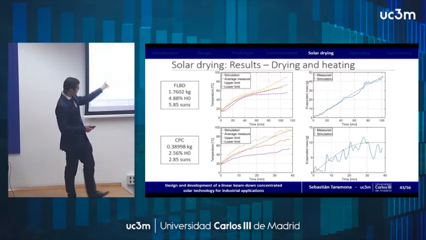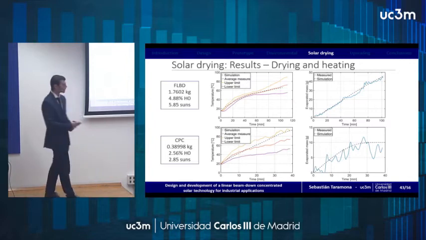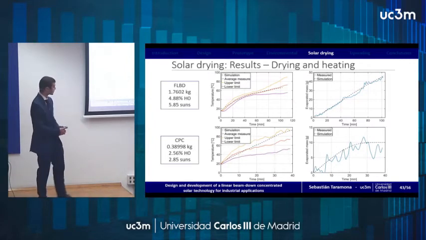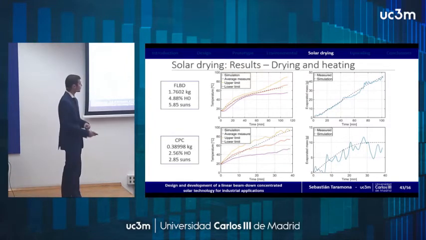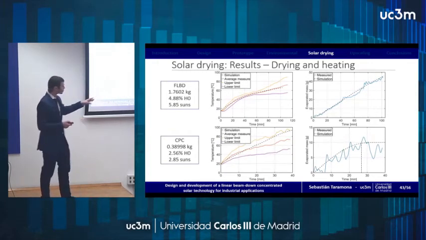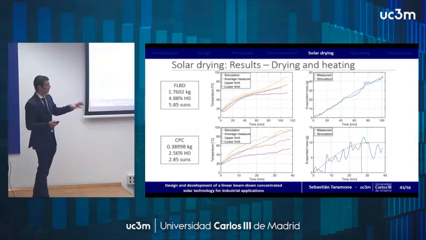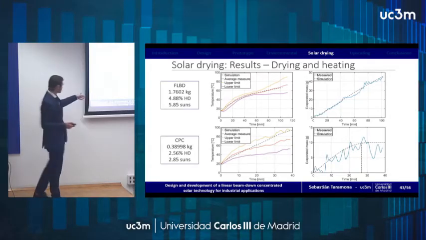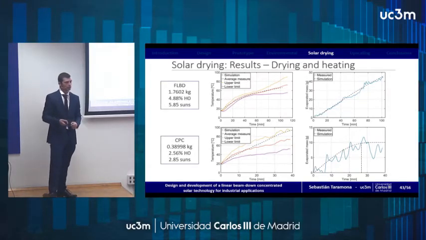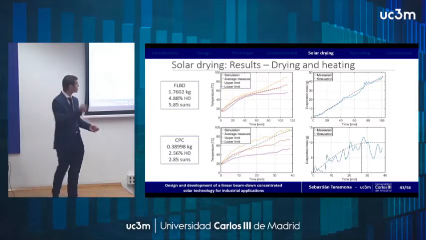You can also see that there's a lot of noise because during that day there was a lot of wind during the tests, so we also had to take that into account. And for this case, we were able to completely dry the particles in less than 30 minutes, which, considering the amount of concentration we had, I think it's a pretty good result.